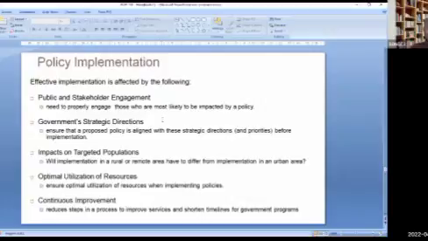So effective implementation is affected by the following: public and stakeholder engagement. This cannot be overemphasized, as I mentioned at the beginning. There must be proper engagement of all stakeholders. A key aspect of this is also the identification of the stakeholders.